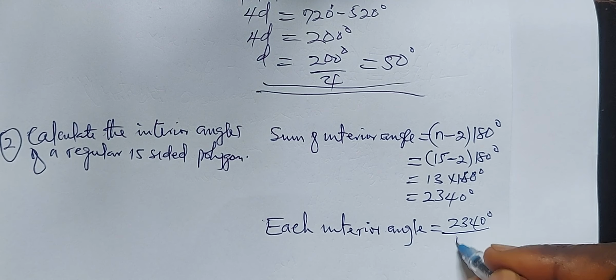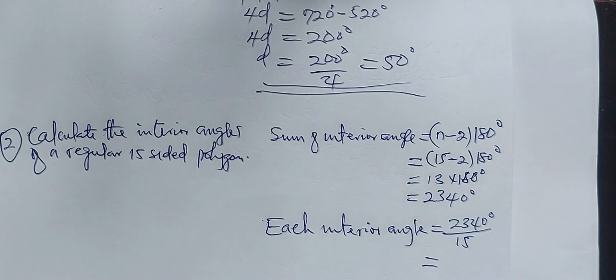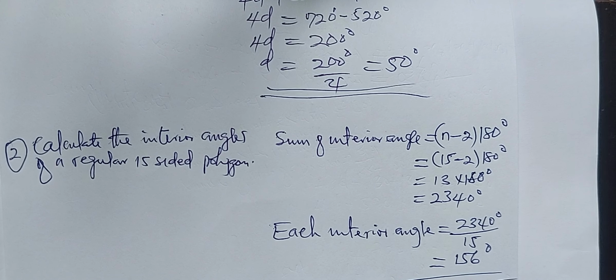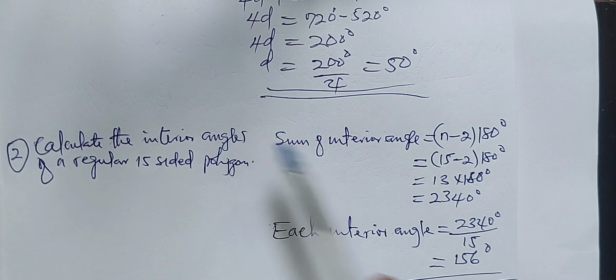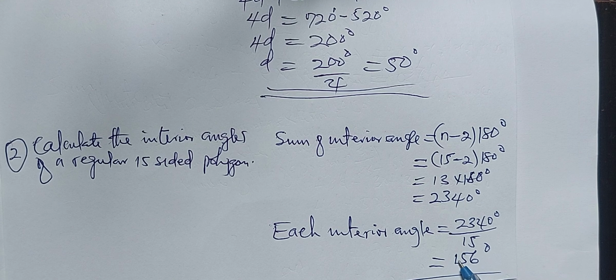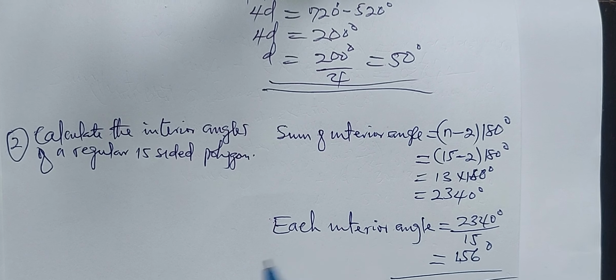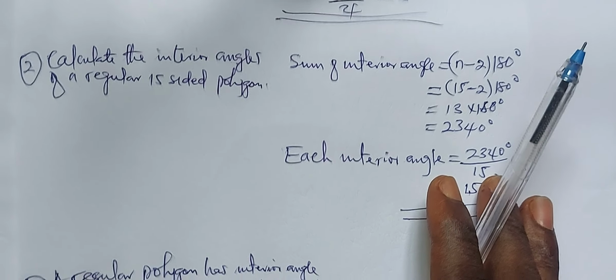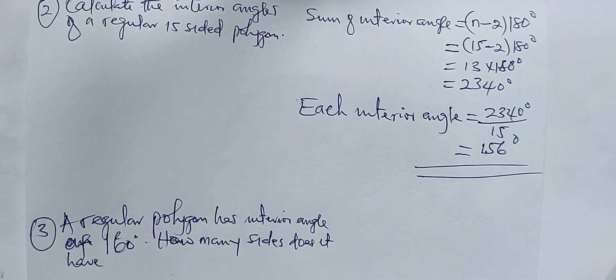The number of sides. So when you divide 2340 by 15, you have 156 degrees. And so that solves the problem. Calculate the interior angles: each of them is 156 degrees. Okay, so it's as simple as ABCD.